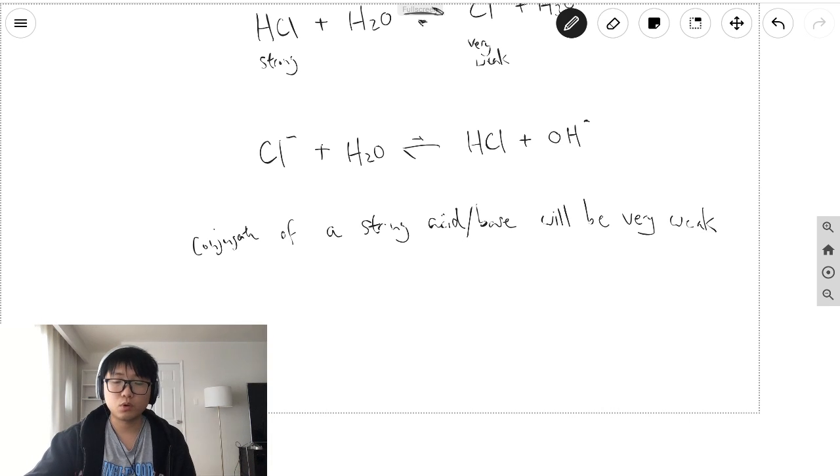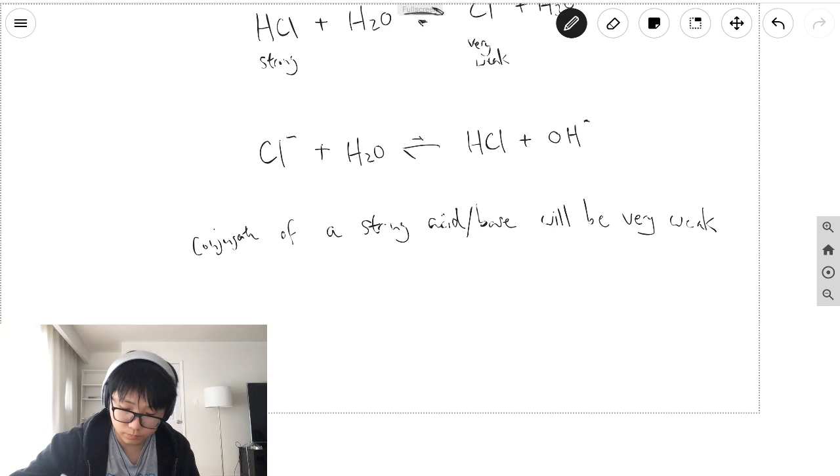Weak means small amount of dissociation, but very weak means virtually no dissociation. Very weak, aka no dissociation, or maybe ionization is the better word.